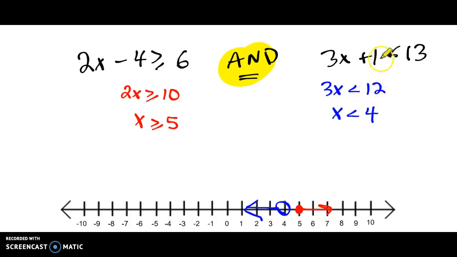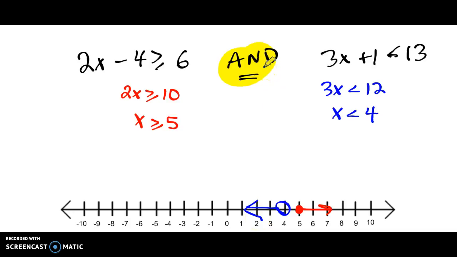And then I graphed this one after I solved, and I got the 4, right? Subtracting 1 from both sides and then dividing by 3. Now this one doesn't have the or equal to, so I have an open circle at 4, and it was less than, so I went to the left.